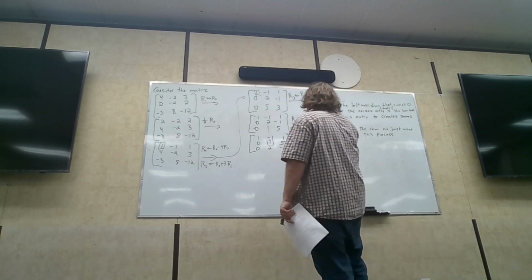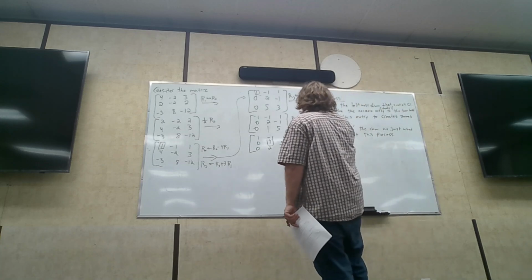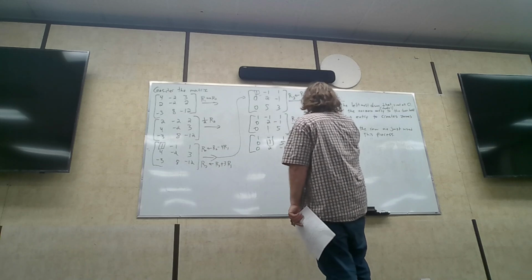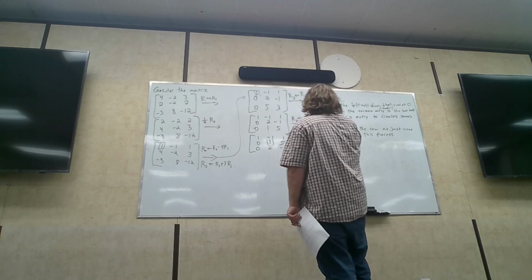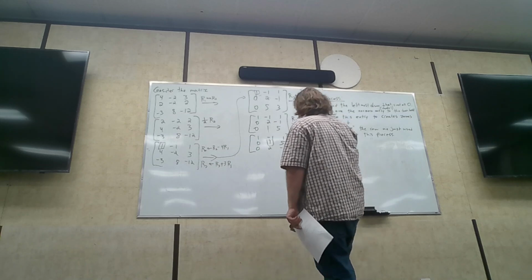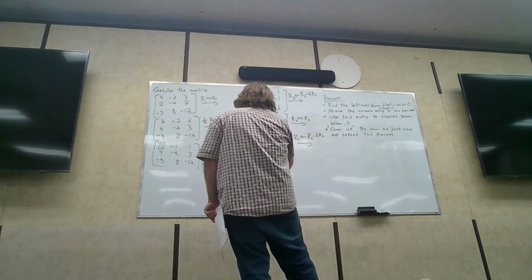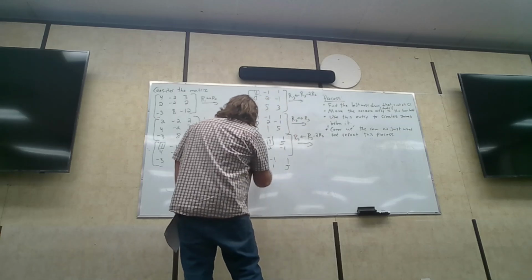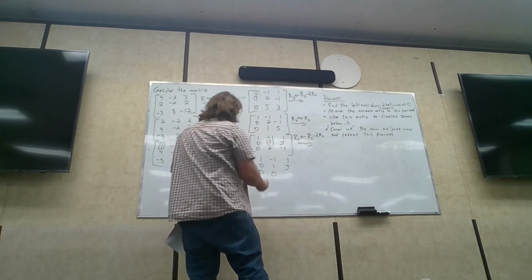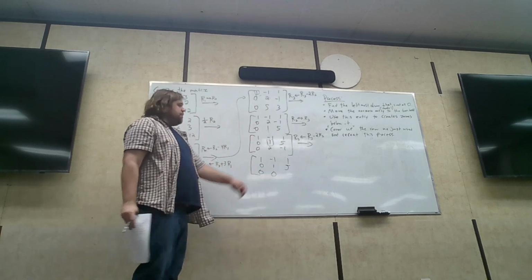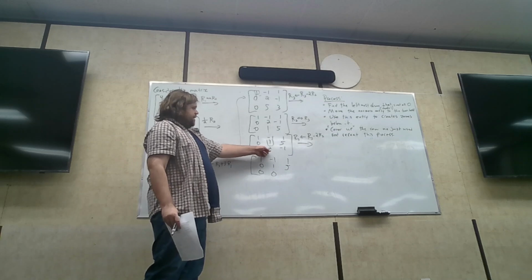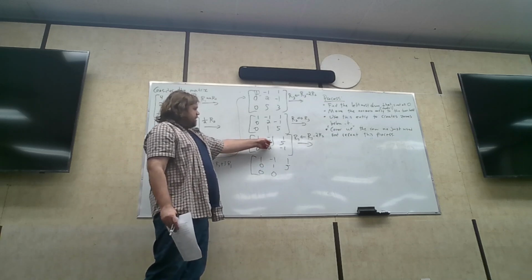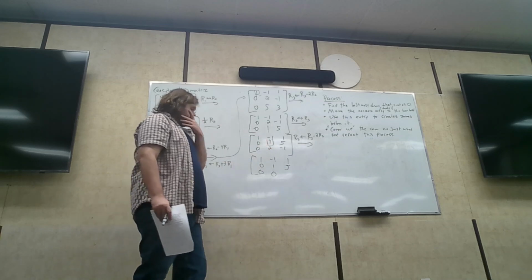So now row 3 is going to become row 3 minus 2 row 2, sorry. Numbers hard. 0, 1, 5, 0. This is a 0. We know it is. We designed it to be that way because we just did minus 2 times this to that.